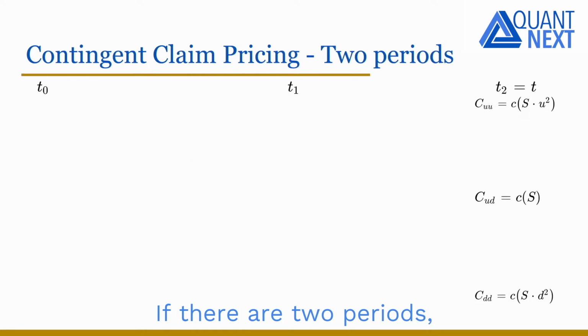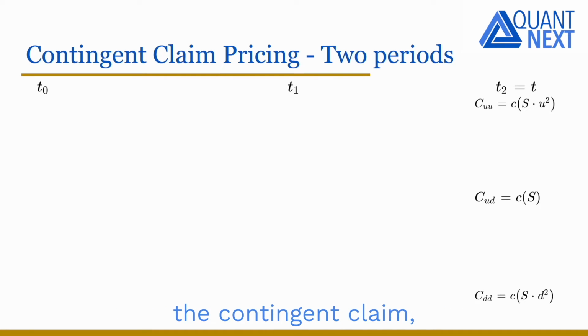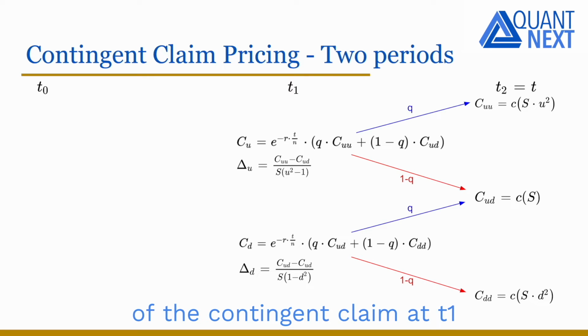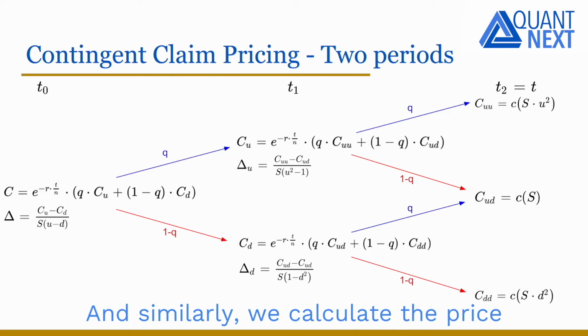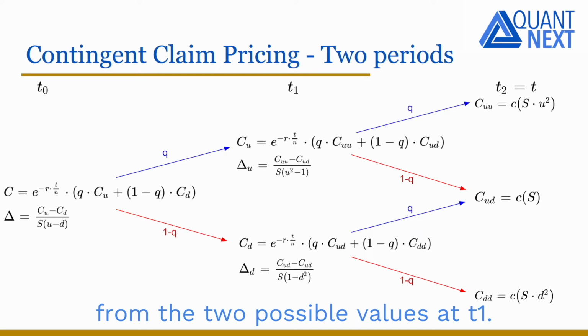If there are two periods, there are three possible values for the final payoff of the contingent claim, CUU, CUD, and CDD. We calculate the two possible values of the contingent claim at T1 as a discounted expectation of the final payoff. And similarly, we calculate the price of the contingent claim at T0 from the two possible values at T1.